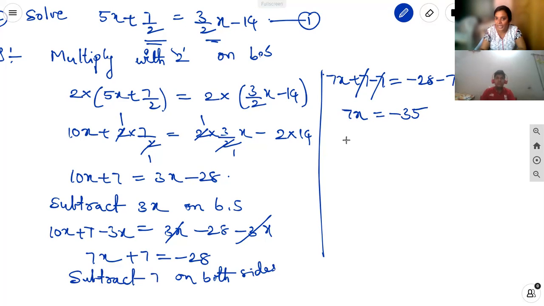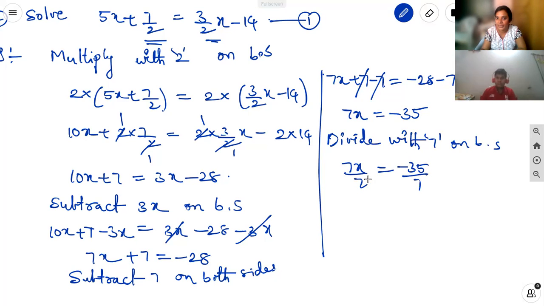Then the above expression is divided by 7 on both sides. So 7x by 7 equal to minus 35 by 7. 7 ones are 7, 7 fives are 35. Therefore x equal to minus 5.